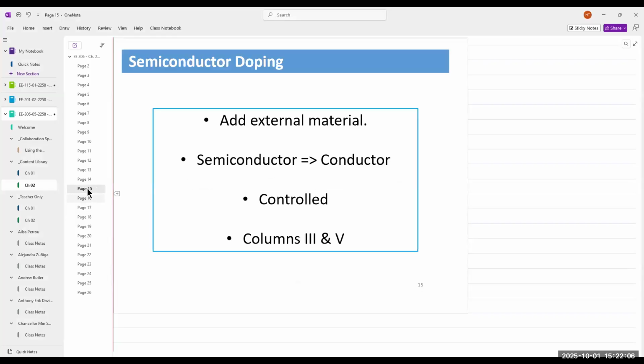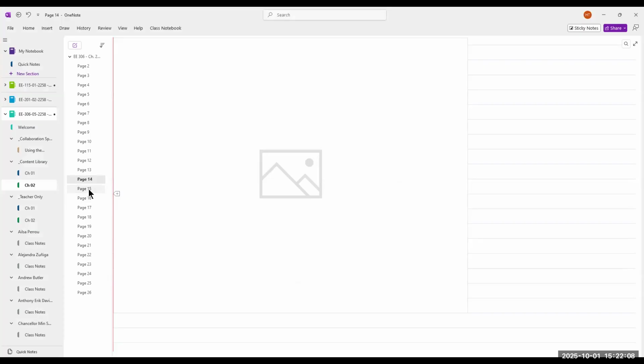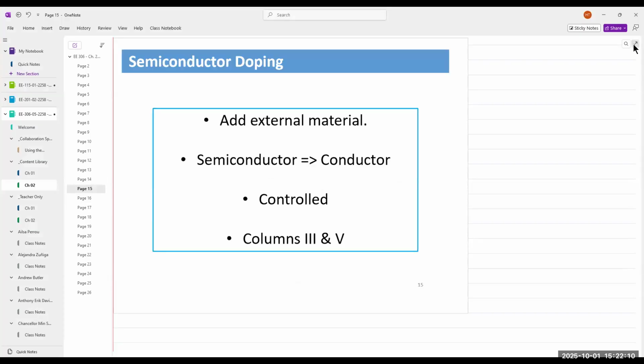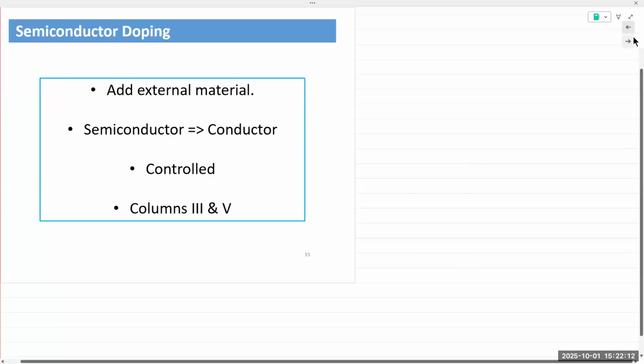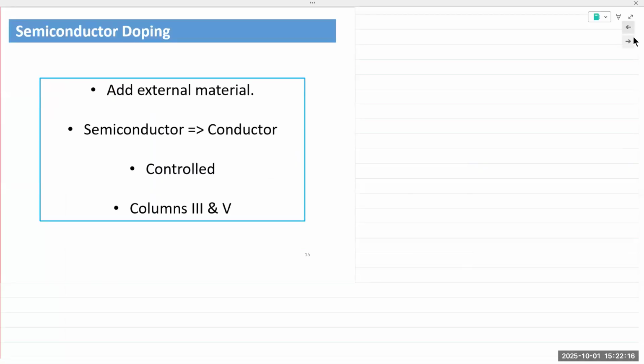Okay. All right. Semiconductor doping. So semiconductor doping, the process of adding external material to our semiconductor, is known as doping.